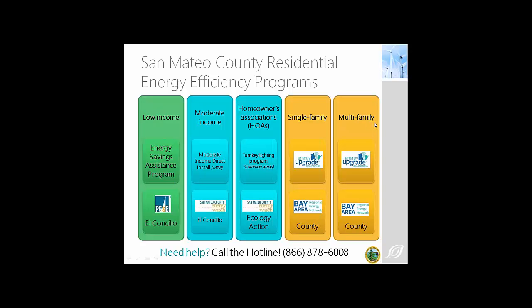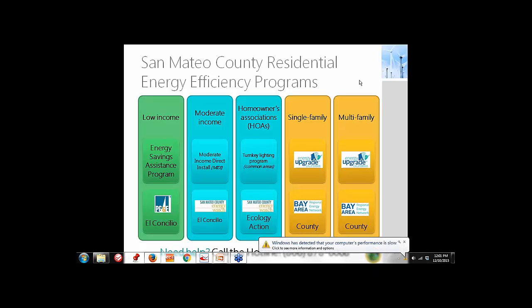These are great programs that provide a lot of resources for rebates or any upgrades that you may be doing to your home. They also put on trainings, like this one, about energy efficiency in your home and what you can do as a homeowner or even as a renter, what you can do in your space to be more energy efficient.